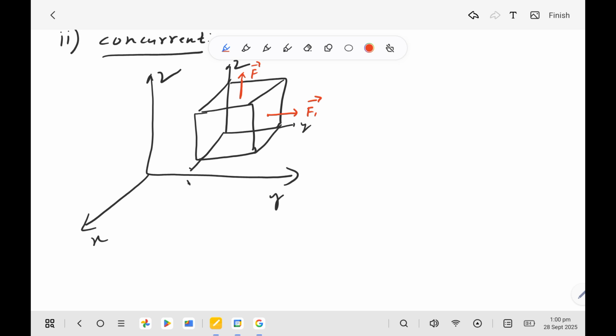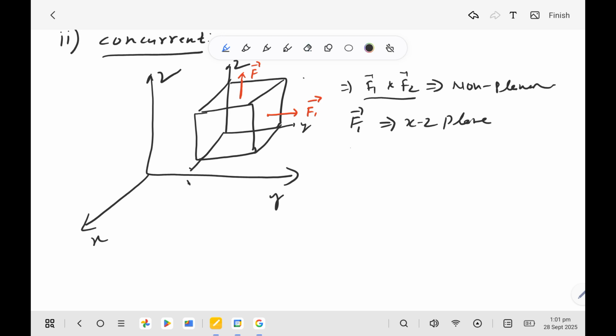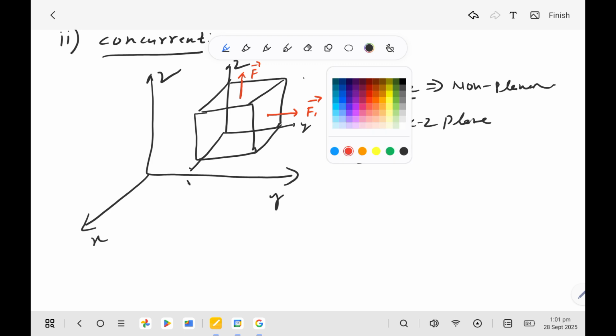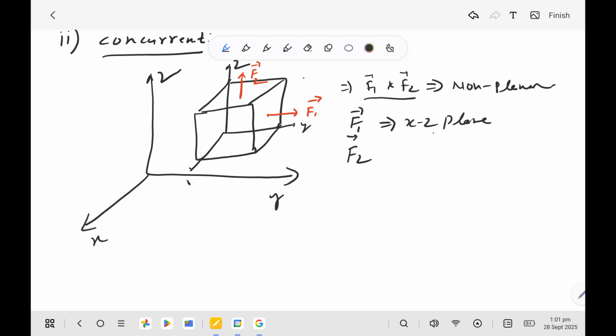So now F1 and F2 are non-coplanar, because F1 is acting in the XZ plane, and F2 is acting in the YZ plane.